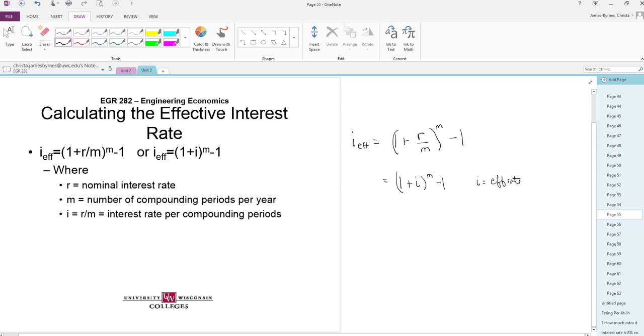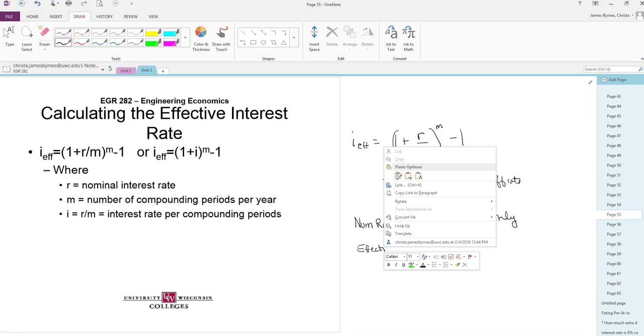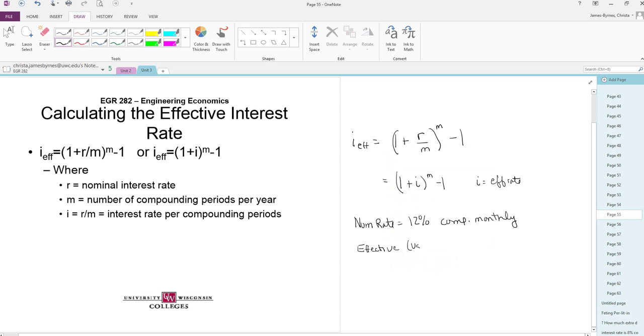So we could do a little example here, okay? Here's my little example. My nominal rate is 12% compounded monthly. So my effective rate that I would use in formulas is 12% divided by 12, which is 1% per period.